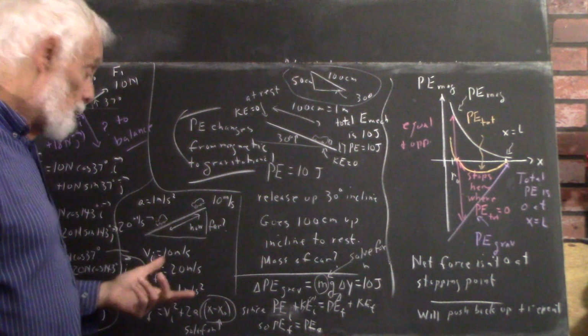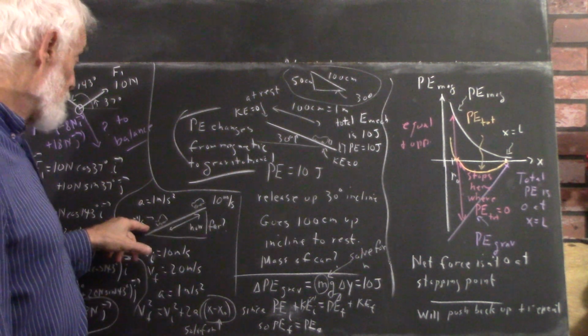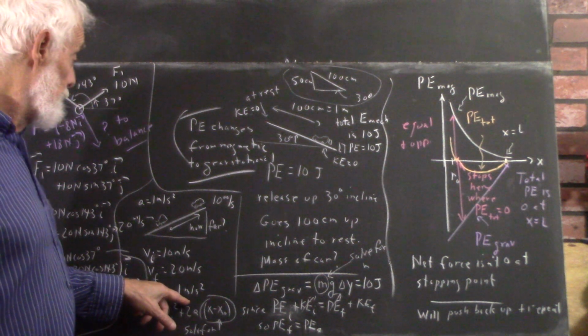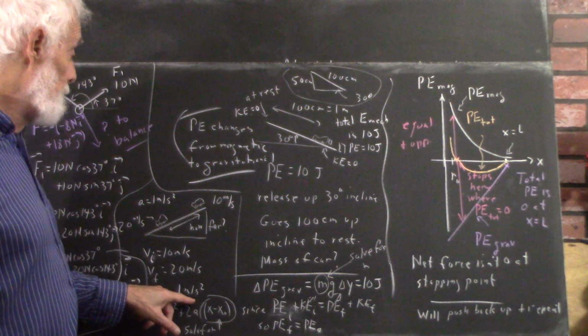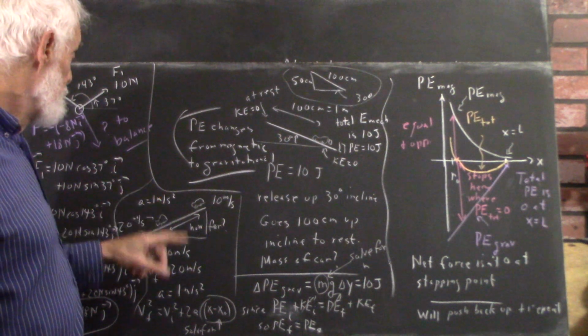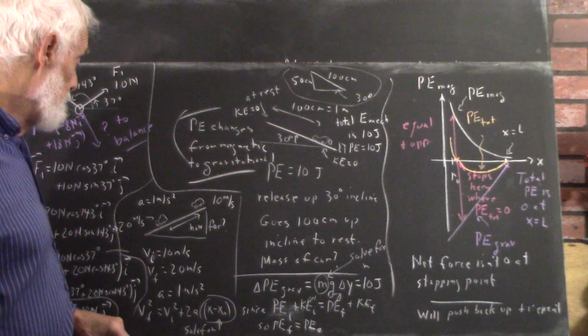Well, this gives you a simple problem in motion. Initial velocity is 10 meters per second, final velocity is 20 meters per second, your acceleration is 1 meter per second squared. That's enough information to find how long it takes to get there and how far you have to go to achieve this speed.